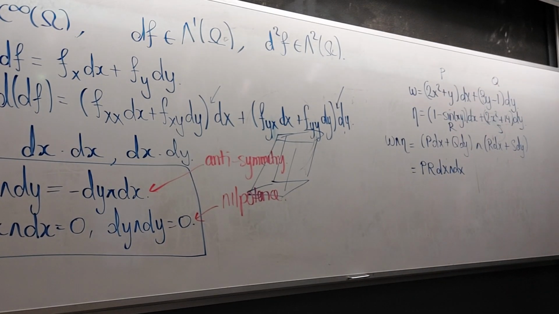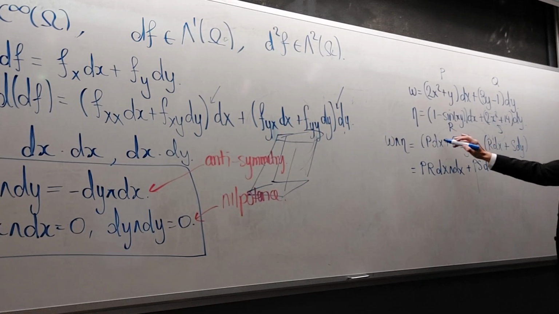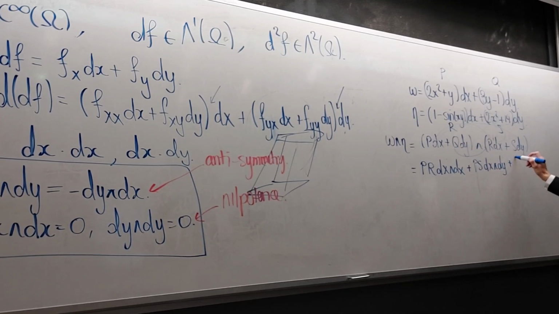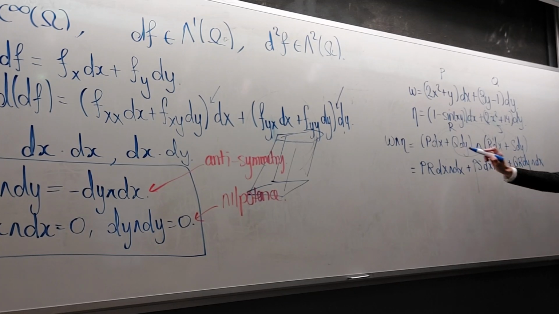What's the next term? PS dx dy. So I did this term, then I did this one. Next one would be QR dy dx. And then QS dy wedge dy.